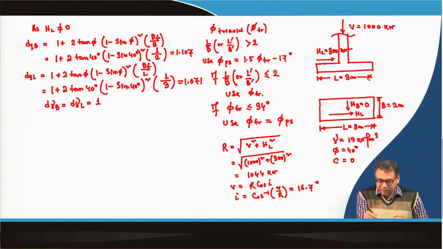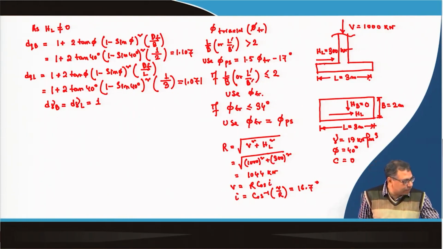I also talked about how to convert if the phi value is measured in triaxial, then you have to use it for plane strain condition. Because HL is not equal to 0, you have to go for two sets of factors and equations. That I did for depth correction factors, dQB and dQL.